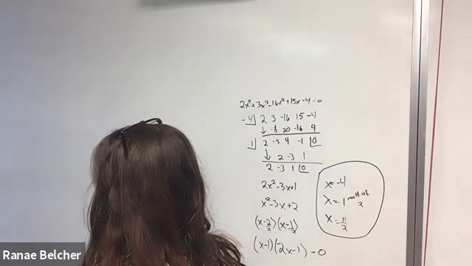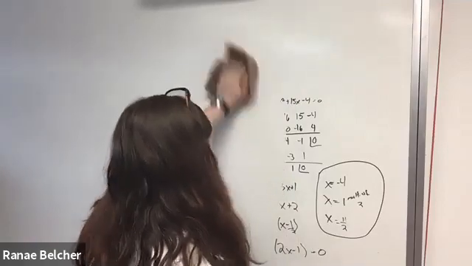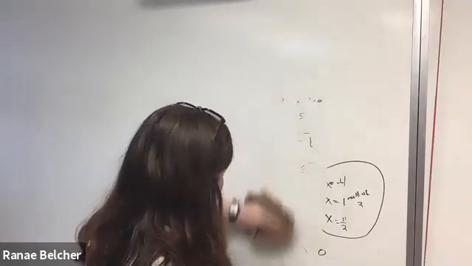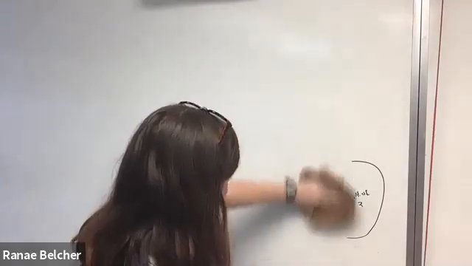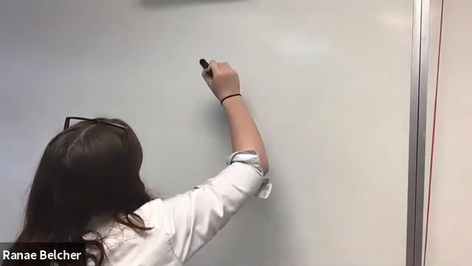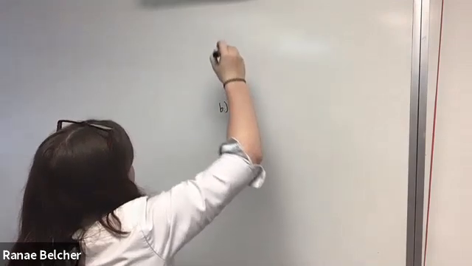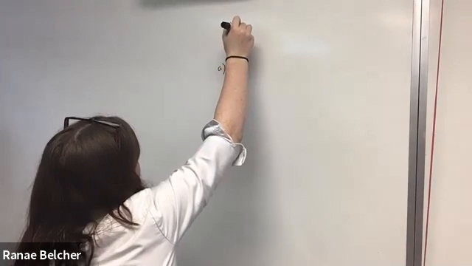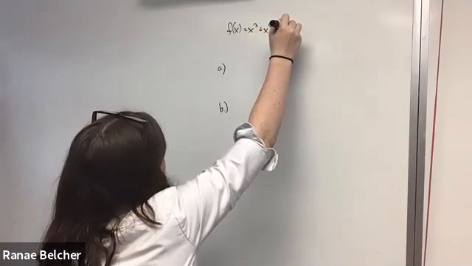Okay, ready? Now this has different directions. So erase while I read the directions. In A, you're going to have to list possible rational zeros. In B, you're going to have to sketch the graph from your calculator so that you can disregard some of them, and then you have to determine all the real zeros. Okay, so f of x equals x cubed plus x squared minus 4x minus 4.